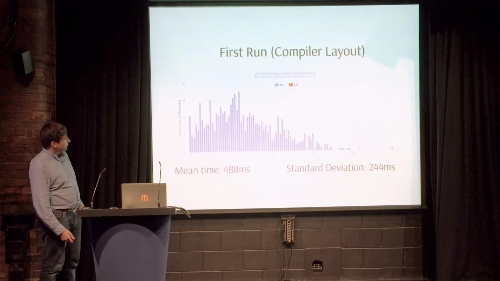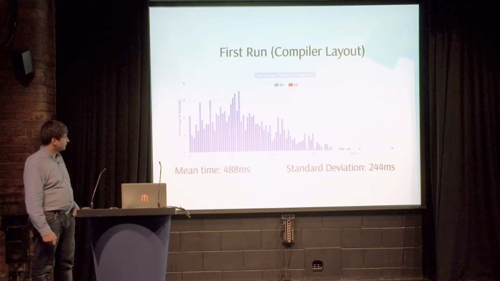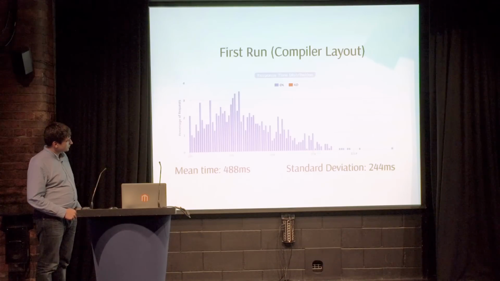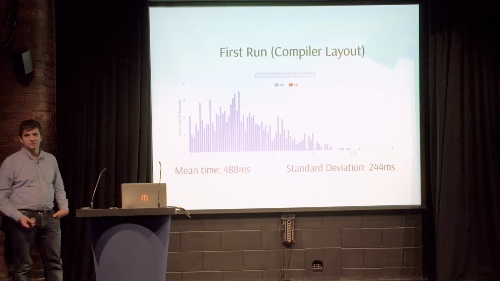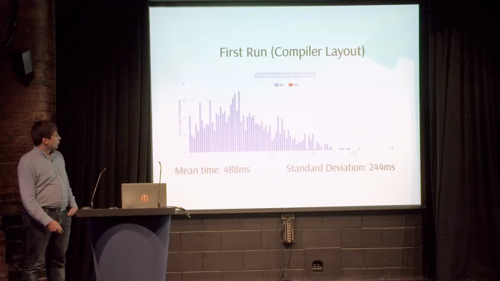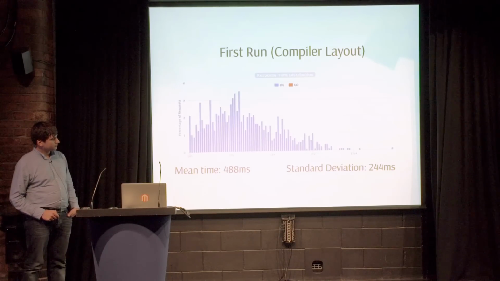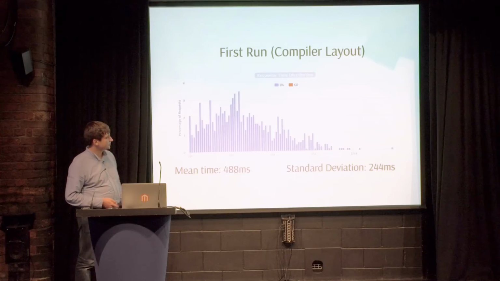And the first run for my module also is not that good a result in itself, but a little bit better than Magento, right? It returns a result within 488 milliseconds. So it's already something like 100 milliseconds more efficient on the first run. And deviation is not that good either, a little bit lower, something like by 50 milliseconds.